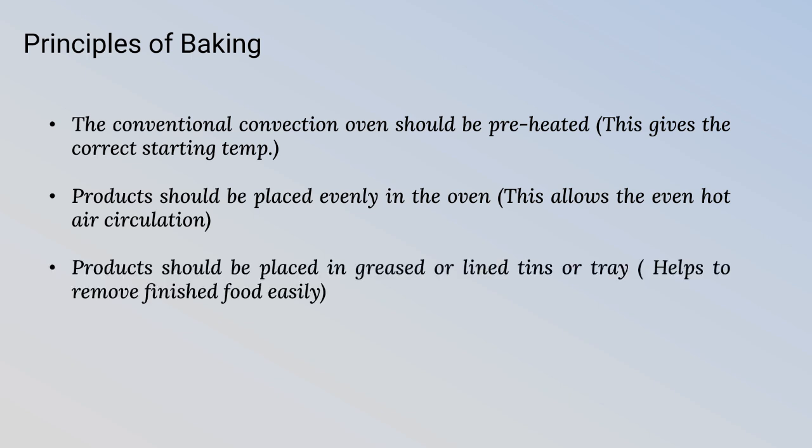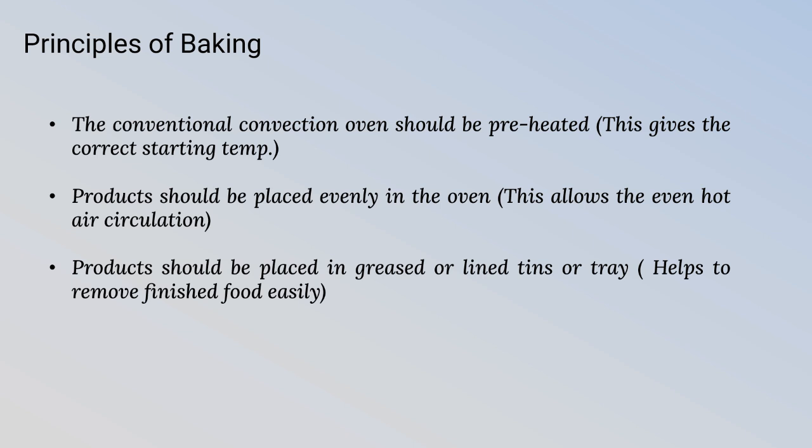Third point, the product should be placed in a greased or lined tin or tray so that once it is baked, it will come out of the tin very easily. Otherwise, there is a possibility that the food material will stick to the container in which you are going to bake the product.